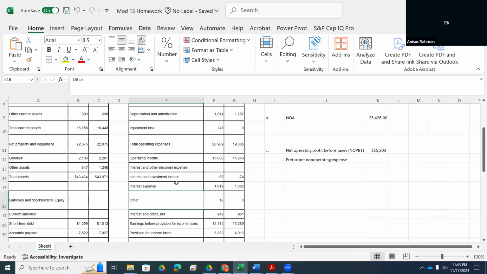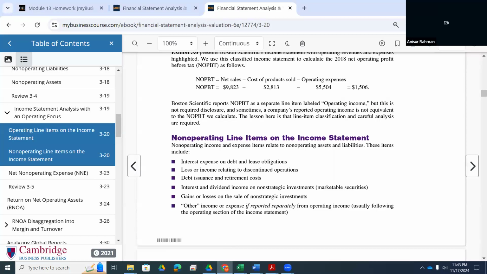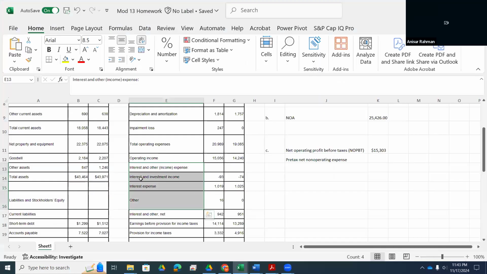So what we have here in total is interest and other net. So all these are after operating income. See, it says other income or expense if reported separately from operating income. Yes, they're reported separately and also usually following the operating section of the income statement, and they're also after operating income. So we know all of these are non-operating expense.